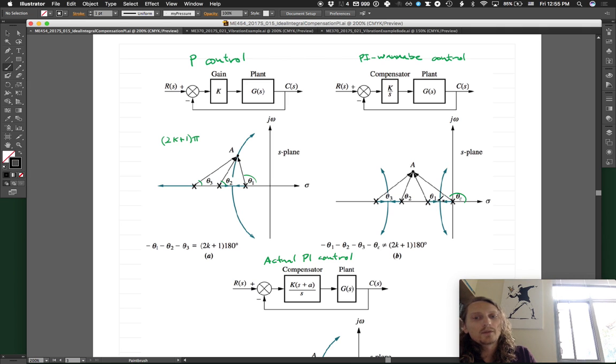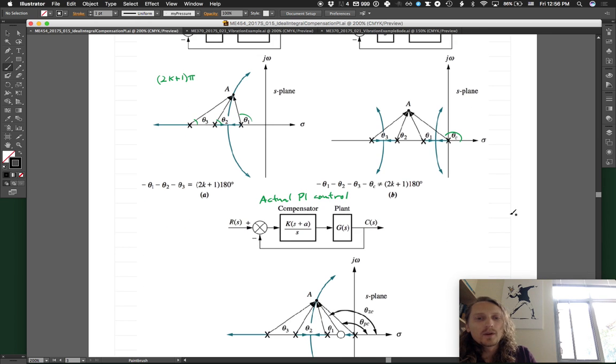So now we've got that. The angle criterion, this theta C that's contributed by this integrator, is significant, and it moves the root locus completely. Notice that this was the point that used to be on the root locus. Now the root locus completely misses it. Okay, so we don't want that.